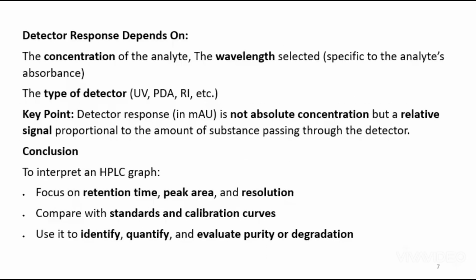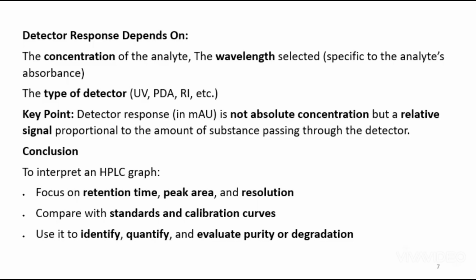Now, how is the detector response impacted? Detector response depends first on the concentration, because as the concentration increases, the detector response will provide you the peak. It also depends on the wavelength selected specific to the analyte's absorbance, and the type of detector, which may be a UV detector, PDA detector or RI detector.